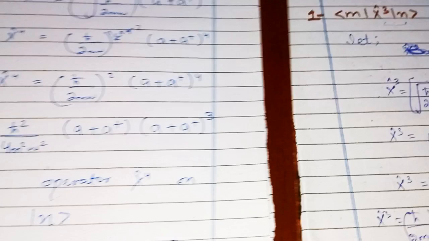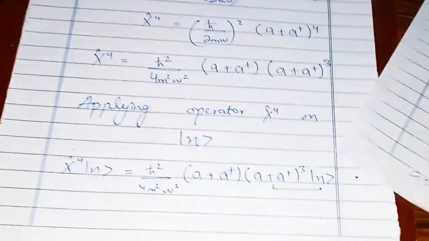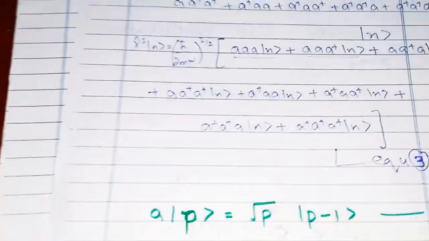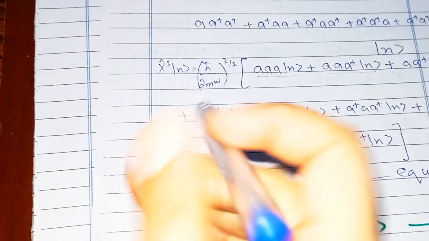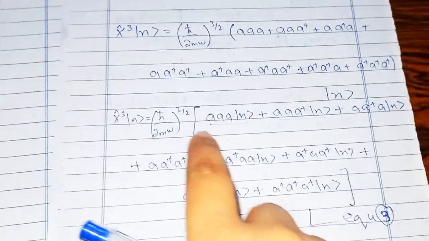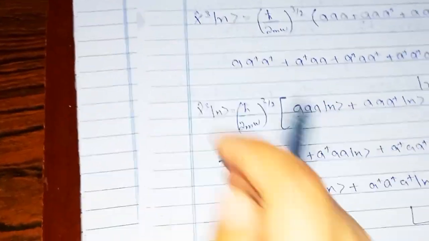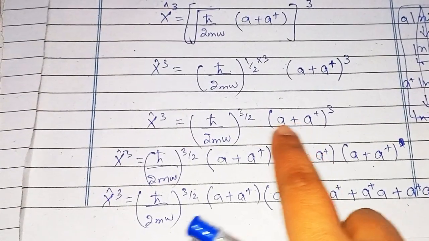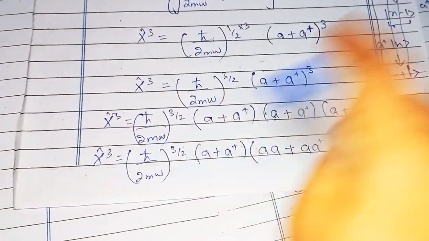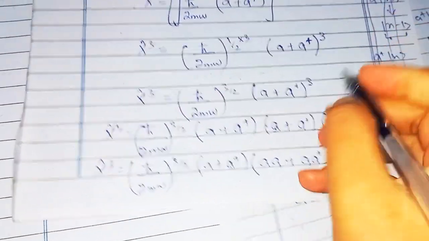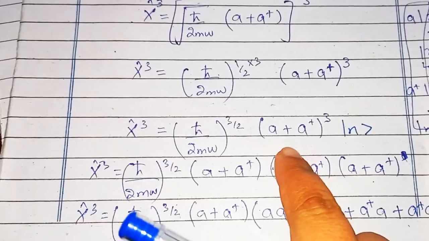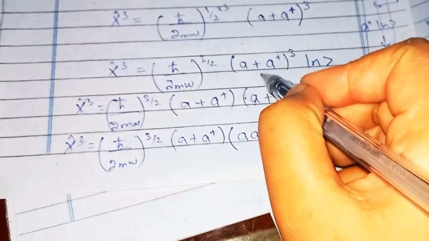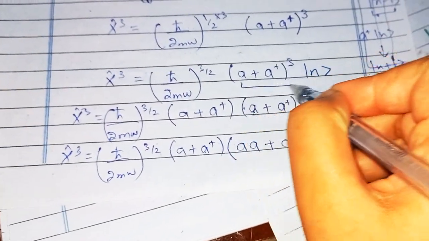Let me mention here, you can see this is x cube on the ket n, and x cube on n was actually this whole thing times this.